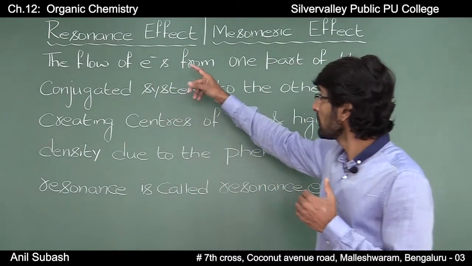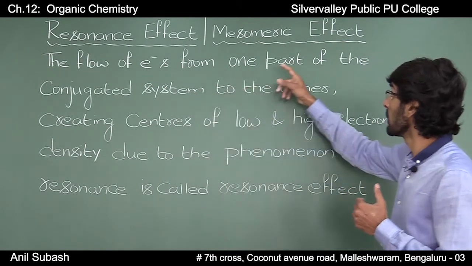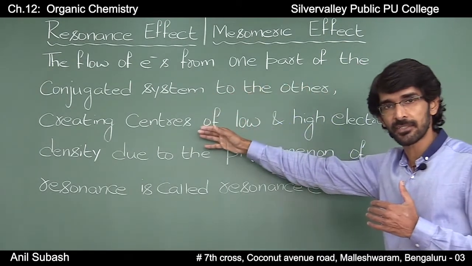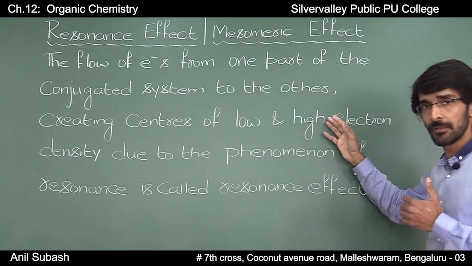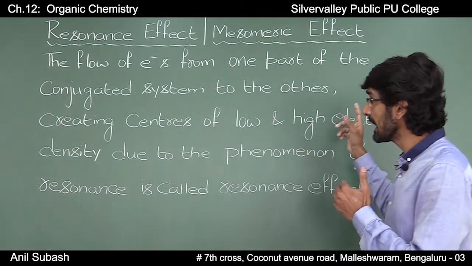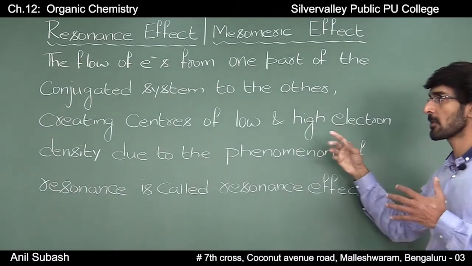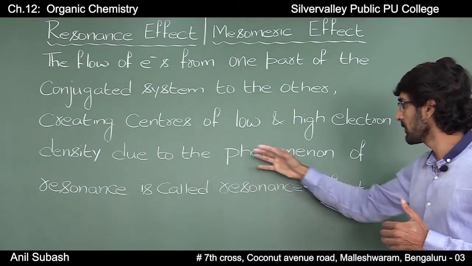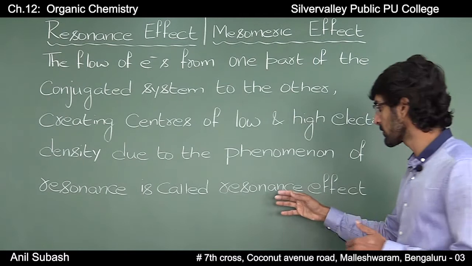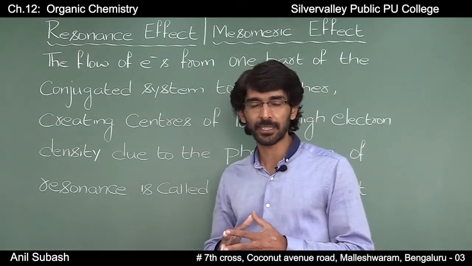And the flow of electrons from one part of the conjugated system to the other, which results in centers of low and high electron density due to the phenomenon of resonance, is called the resonance effect.